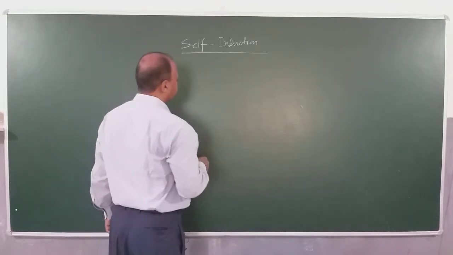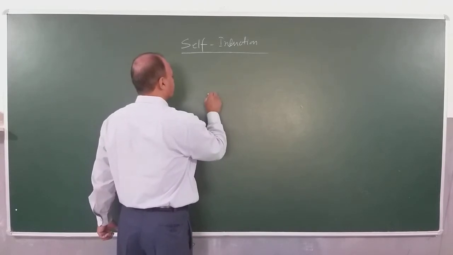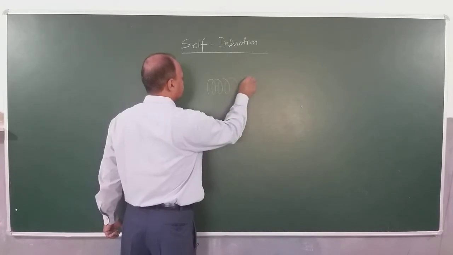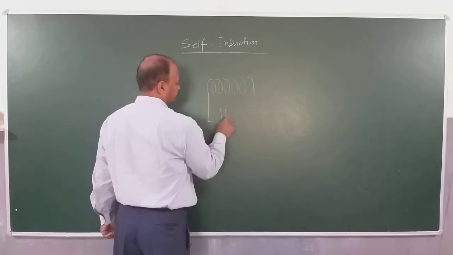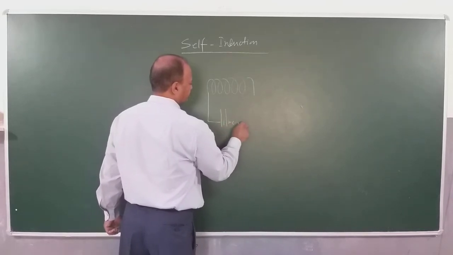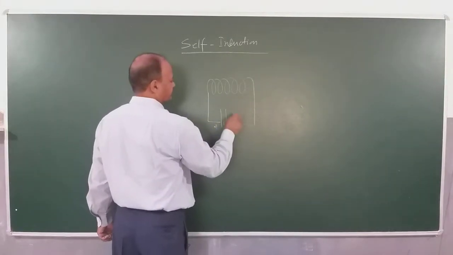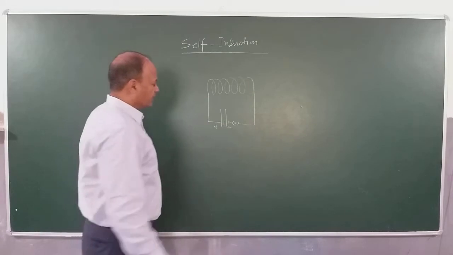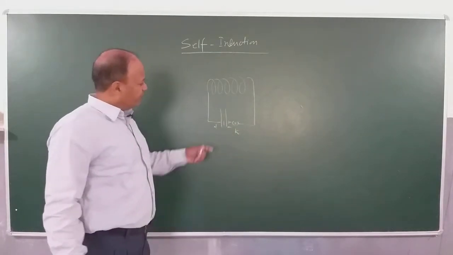Suppose I have, for example, a coil. Suppose there is a coil here, right? And here I am connecting a DC source. And here we have a key K. What will I observe when I close the key?